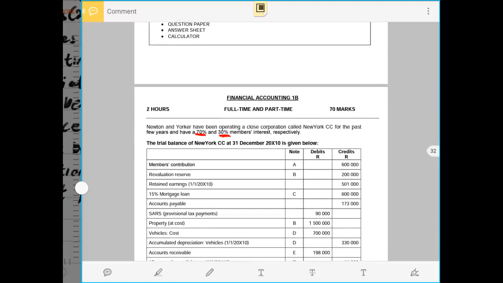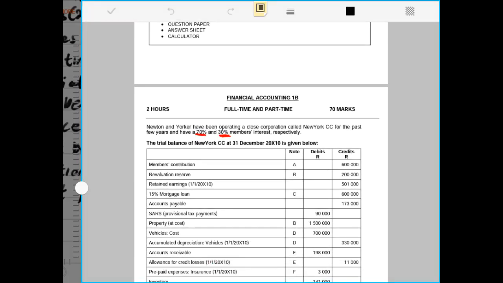We have the members' contribution, retained earnings, and please be informed that these are on the 1st of January, beginning of the accounting period 2010, so that we are on the same page. We have the opening balance for retained earnings already given to us.